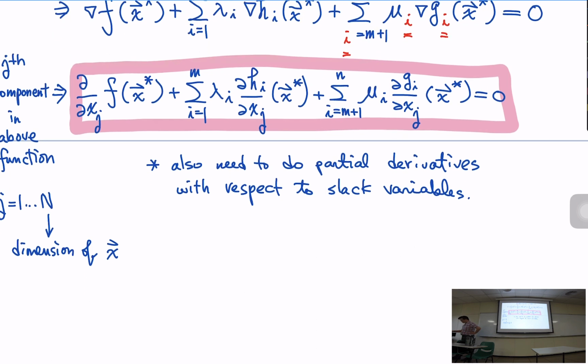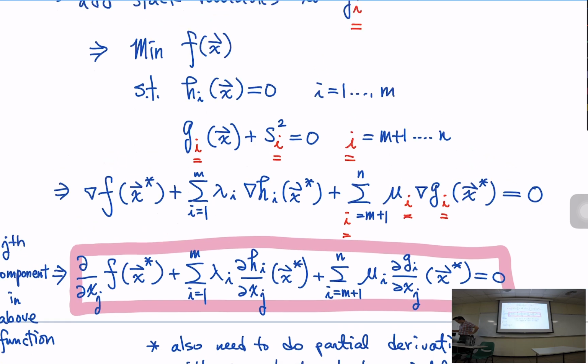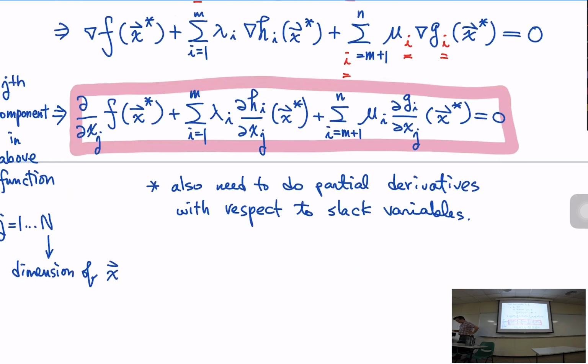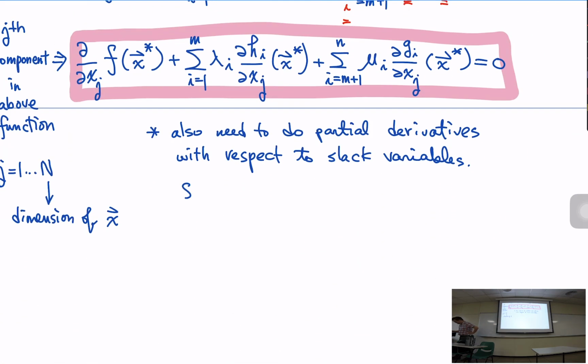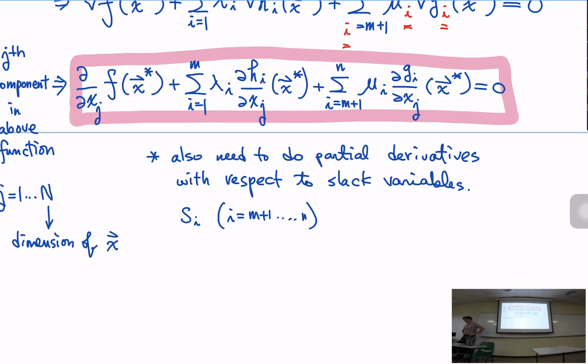What you will have at the end... remember we have s i's. So the slack variables basically are s i's, where i goes from n plus 1 to small n, not capital N. We need to do partial derivatives with respect to those as well.